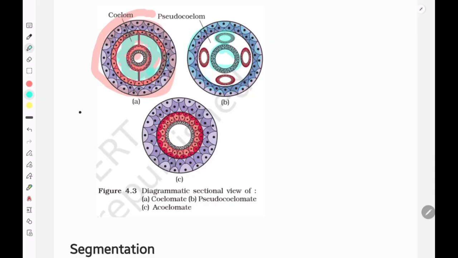Between these are patches of coelom-like cavities present. These are pseudocoelomates. And in acoelomate there is an outer covering and an inner layer, but between these two layers there is no cavity. This is known as acoelomate, right?